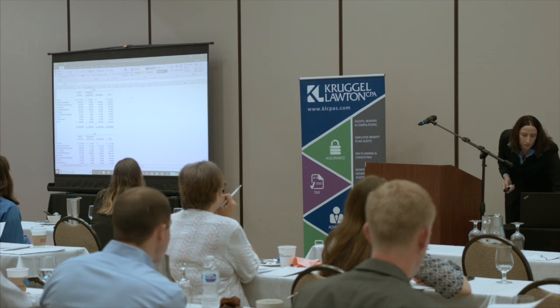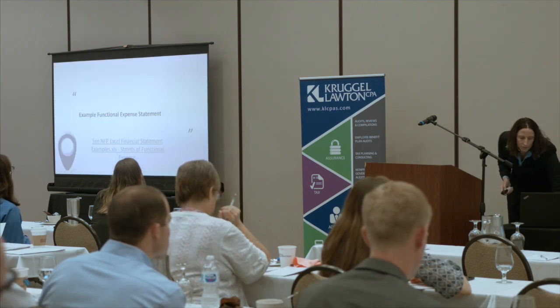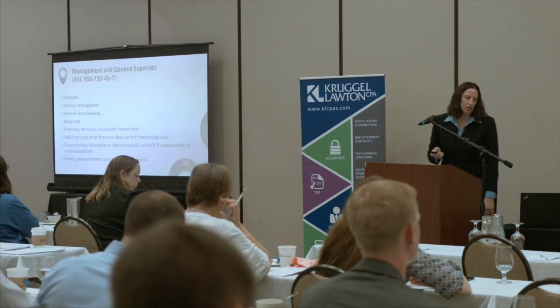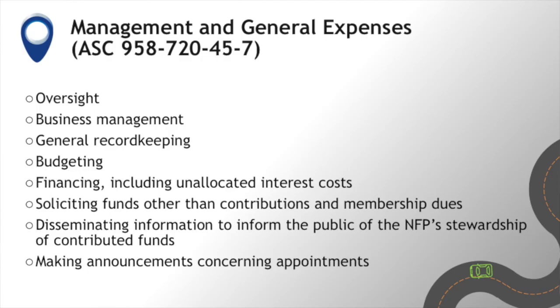So going back to the management and general expenses, here are some examples of management and general expenses that you may be choosing to allocate across categories depending on what's involved. You wouldn't allocate all of these probably, but again, there may be people who are working in these areas that are also performing program expenditures that you would in fact want to allocate time for.